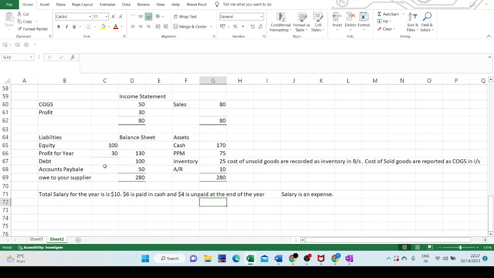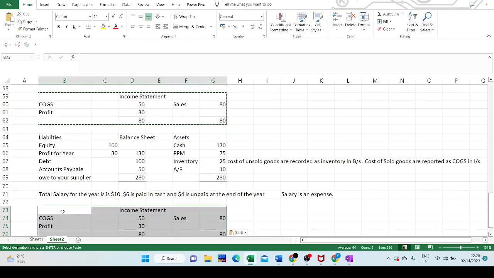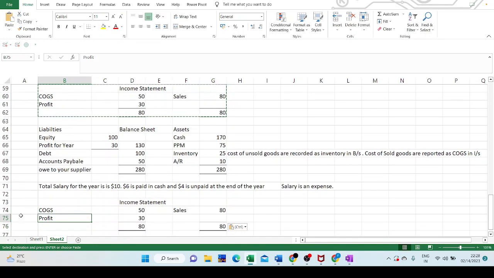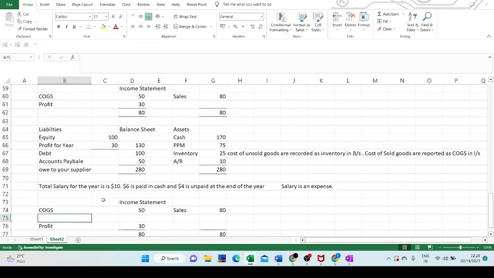So this transaction would definitely impact your income statement. So let's restate our income statement. We'll record a salary expense of $10.